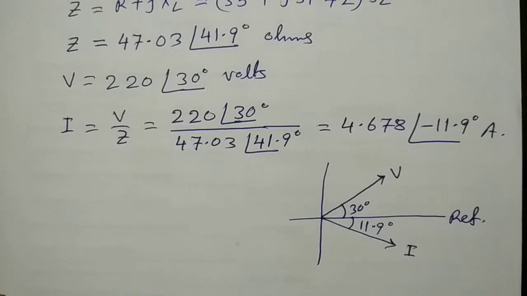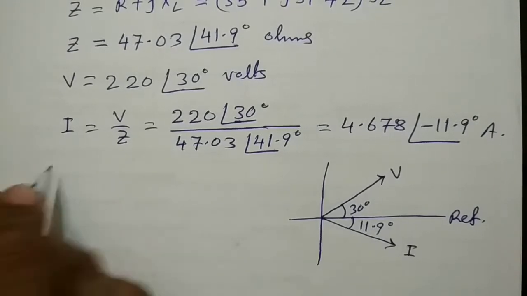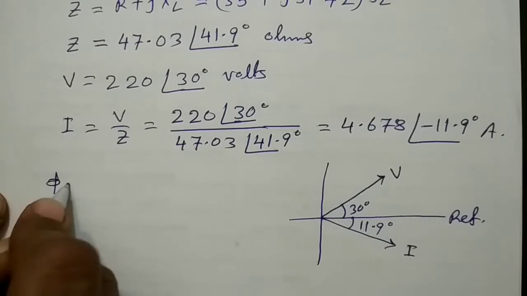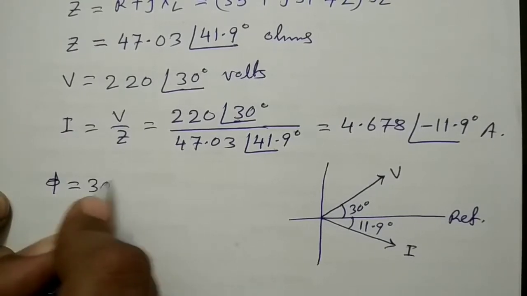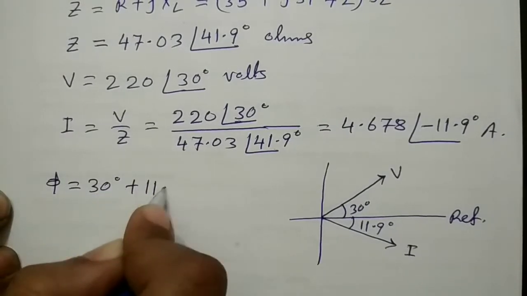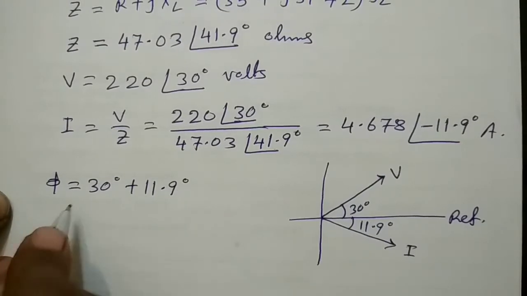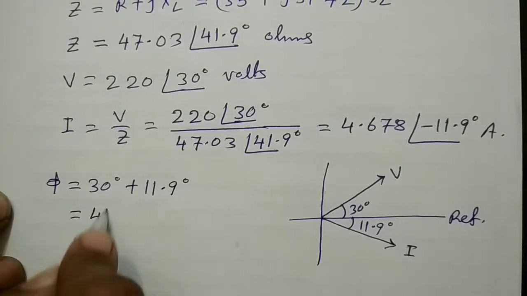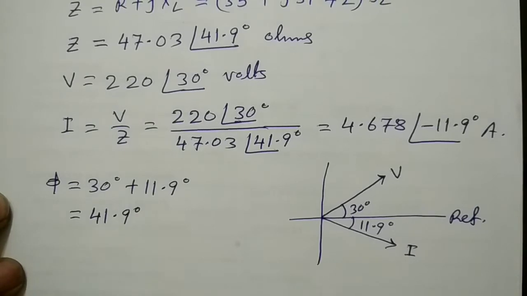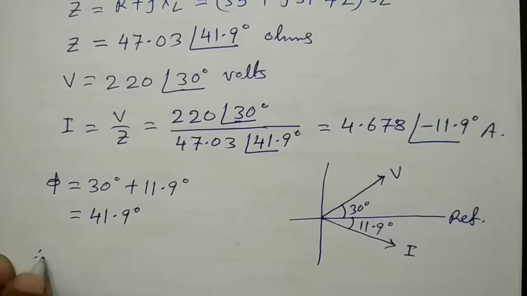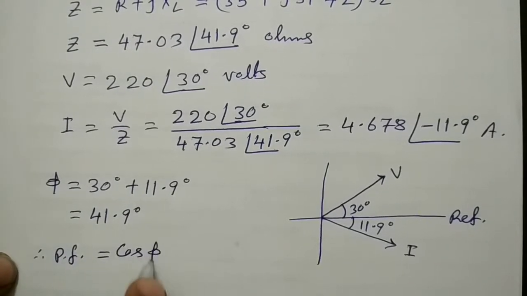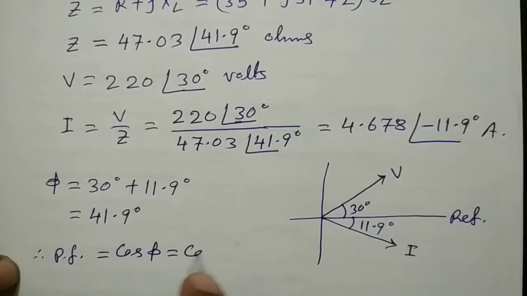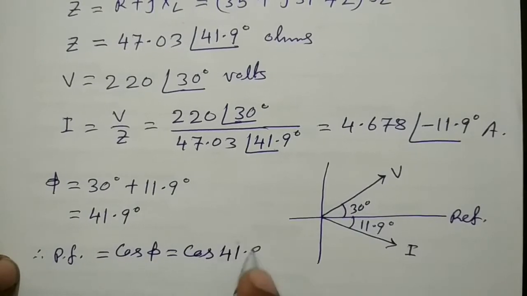So from this phasor diagram we can see that the angle between voltage and current, let's say phi, will be 30 plus 11.9 degree, so it will be 41.9 degree. That is the phase angle. And we know that the power factor is the cosine of the angle between voltage and current, that is cos 41.9 degree.